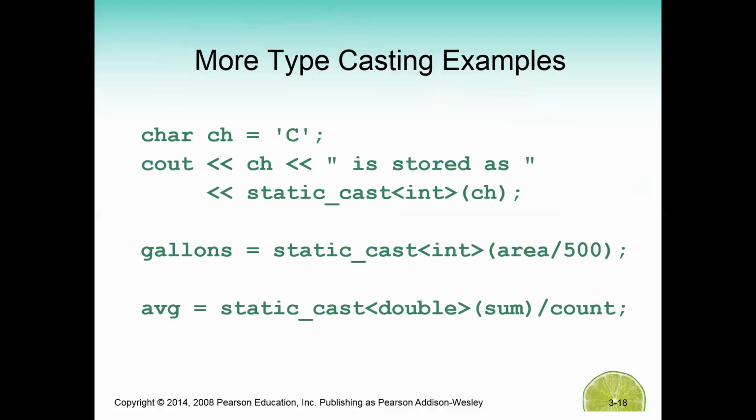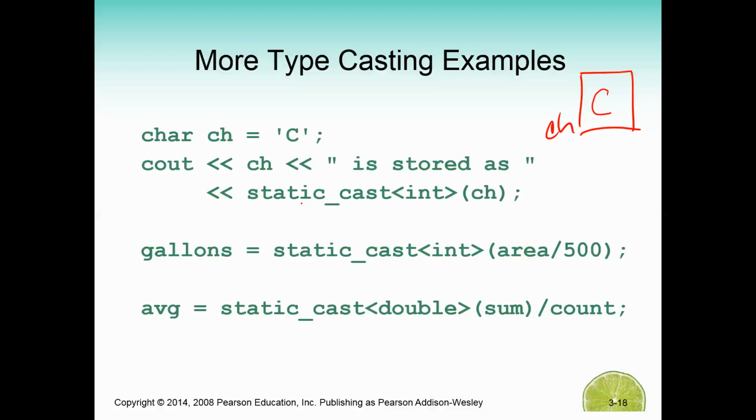So here's another example. We have a character, and this is a variable that is called CH. So in main memory, we have CH, and it has the C inside. Then we're going to display cout, the CH, which is going to be the C, right?